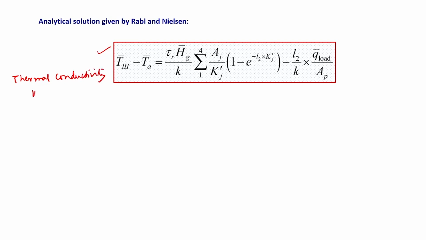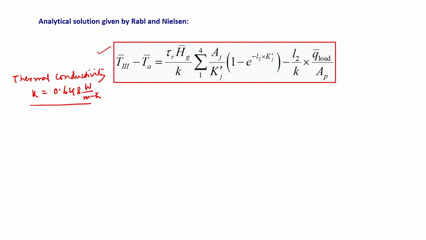So, thermal conductivity K is given, which is equal to 0.648 watt per meter Kelvin. Okay. Now, we know this expression, the analytical solution, and straightaway we can use the calculated data and given data.